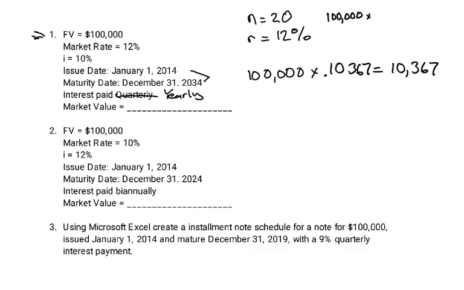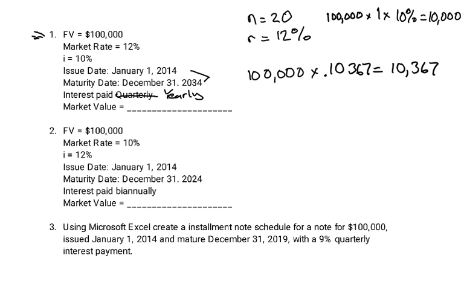Now for the annuity, the 100,000 times 1 period times, now we're going to use the stated rate here, which is 10%. If you multiply that, you'll get $10,000.